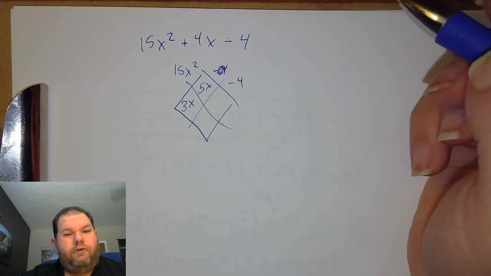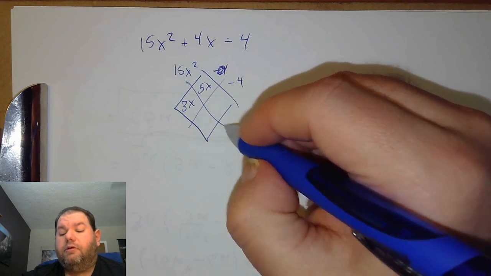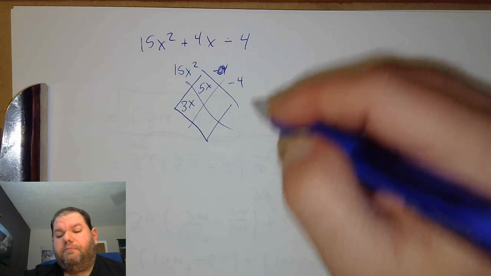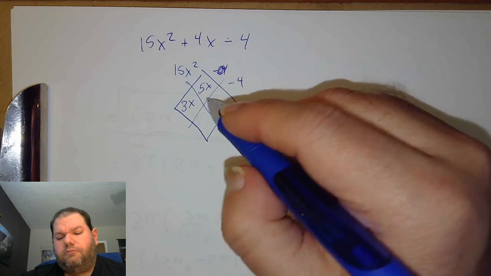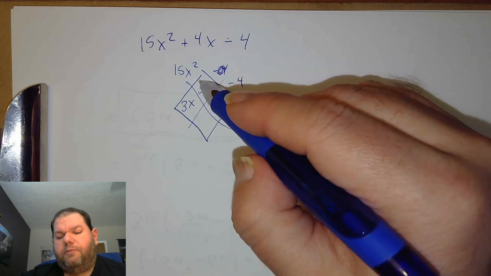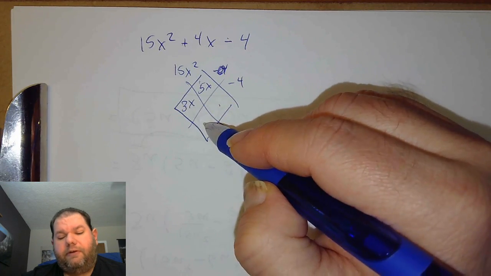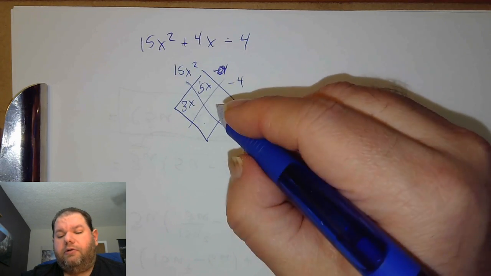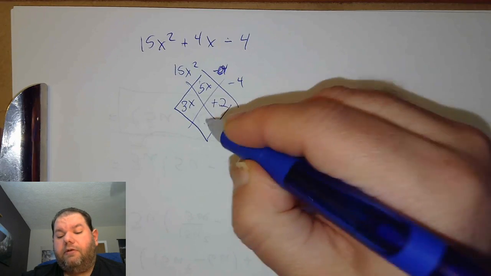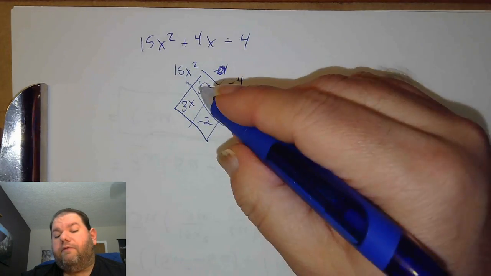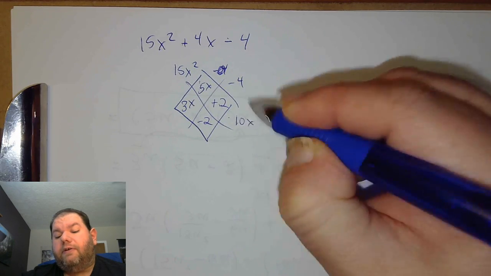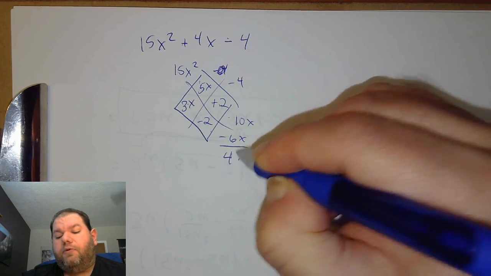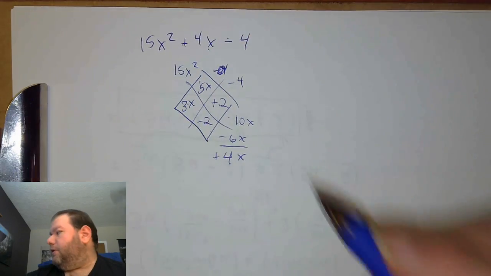Minus 4, we could do 2 times negative 2, but we have to come up with a positive 4x somehow. So we need one number times 5x and another number times 3x. We're not guaranteed that's the correct factorization, but we would choose in this case a positive 2 and a negative 2. 5x times 2 gives us 10x. 3x times negative 2 is negative 6x, and that adds up to 4x, which meets what's in the middle.